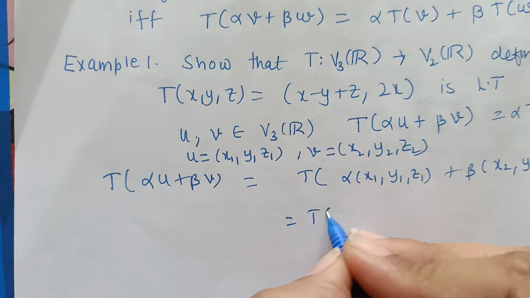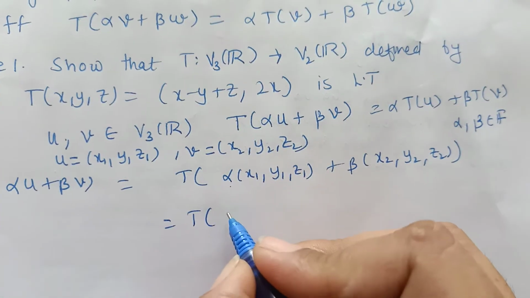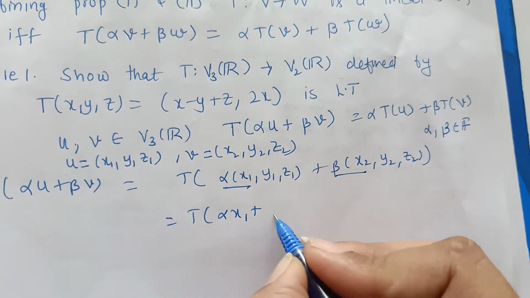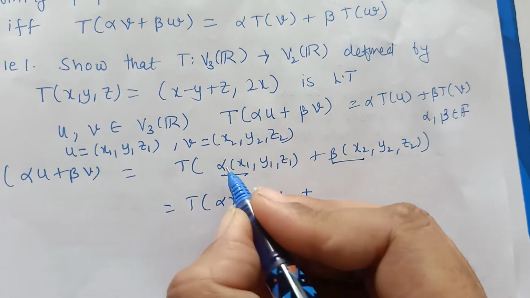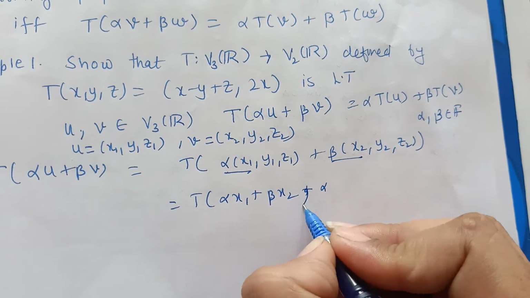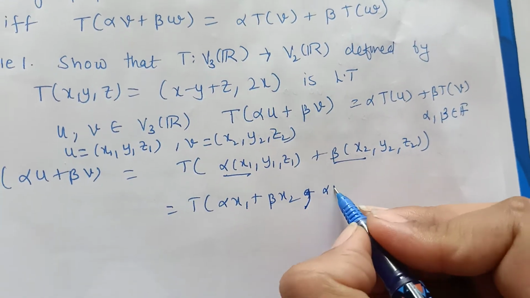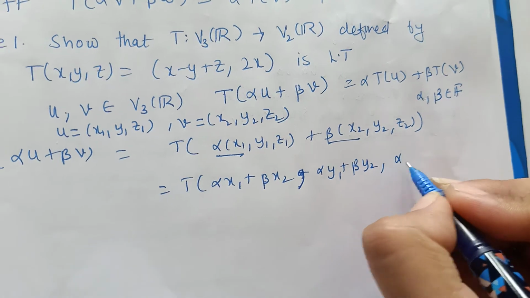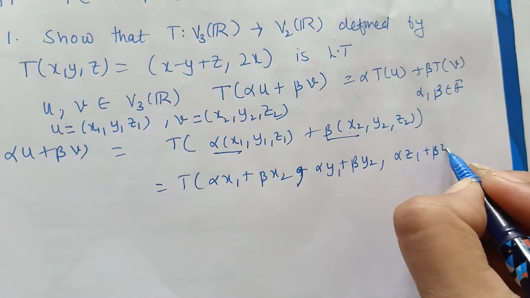So this is T of alpha x1 plus beta x2, and this is the next vector, alpha y1 plus beta y2, alpha z1 plus beta z2.